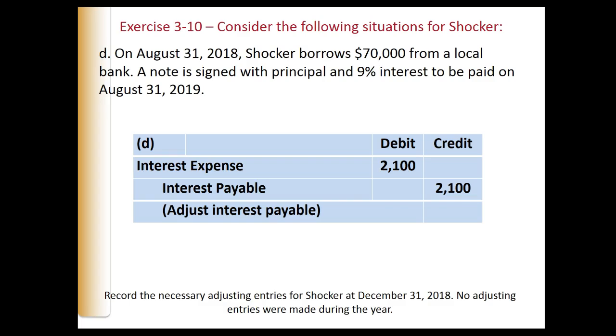As of December 31st, 2018, we have incurred interest expense on this loan of $2,100. So we want to show accurately for this year that interest expense of $2,100 has been incurred.